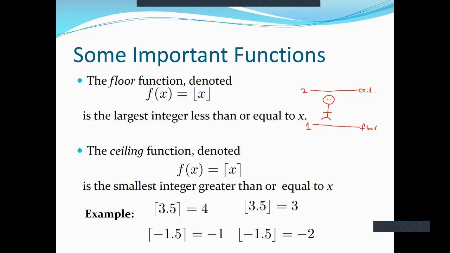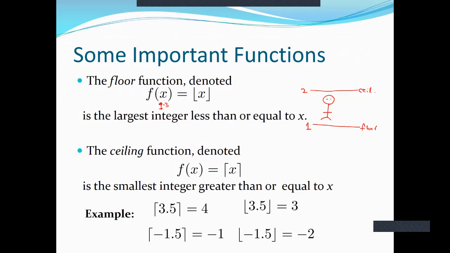For example, x is 0.3. Oh sorry, x is 1.3. So 1.3 is somewhere between 1 and 2, right? What is the floor of 1.3? The floor of 1.3 is 1, the largest integer less than or equal to this x value.